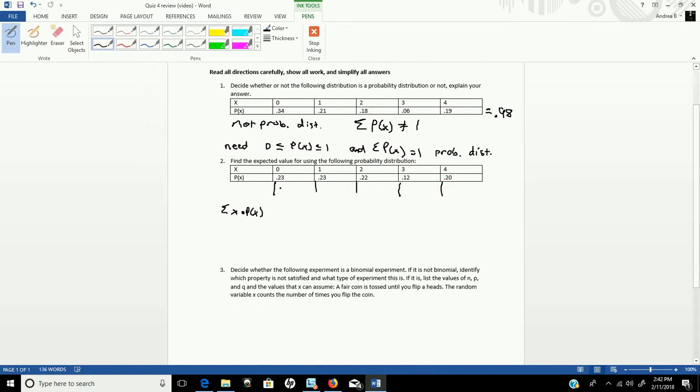So here, for instance, 0 times 0.23 is 0, 1 times 0.23 is 0.23, 2 times 0.22 is 0.44, your 3 times 0.12 is 0.36, and 4 times 0.2 is 0.8.